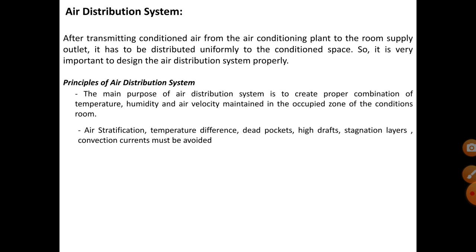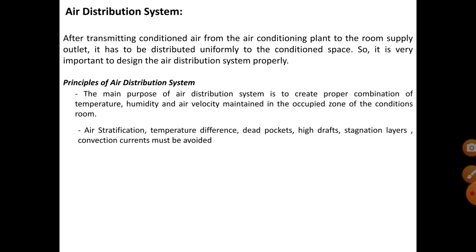That could happen because of density difference. The warm air goes in the upward direction and the cold air sinks to the lower side only. So the topmost layer of air should not remain undisturbed by your conditioning plant. That should not happen.